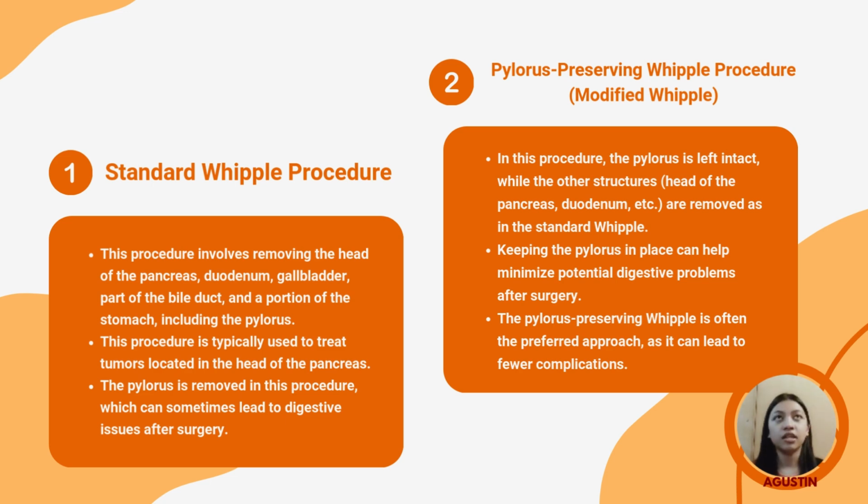As I have said earlier, the pylorus acts as a passageway for food and liquid from the stomach to the small intestine or the duodenum. So if it is removed, there may be a disruption, or digestive issues after surgery.